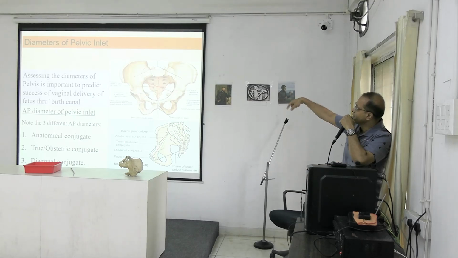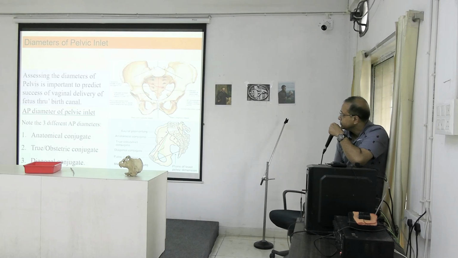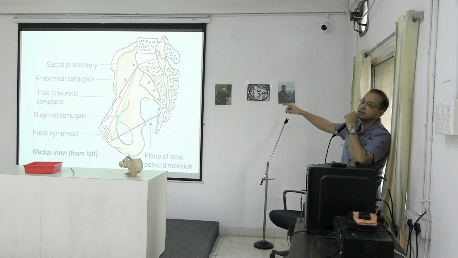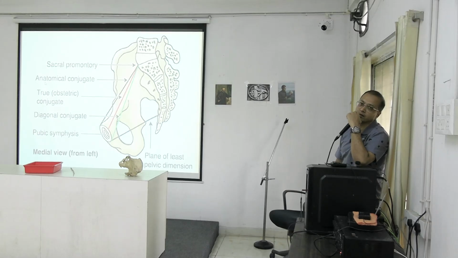If you are measuring this diameter, we call it the anterior-posterior diameter of the pelvic brim. This diameter can be measured in 3 spots. You can measure it anterior-posteriorly from above, from the symphysis pubis to the sacral promontory, following this black line. We call this line the anatomical conjugate or diameter.